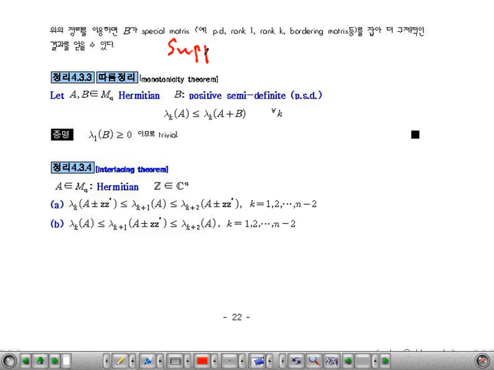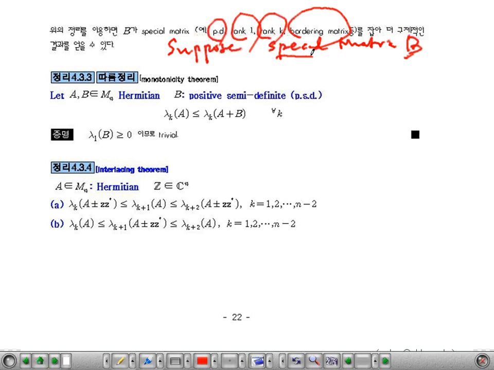Suppose we have a special matrix B, such as a positive definite matrix, or rank 1 matrix, or rank k matrix, or bordering matrix. Then we can improve the theorem to get a new, better conclusion for these special matrices.